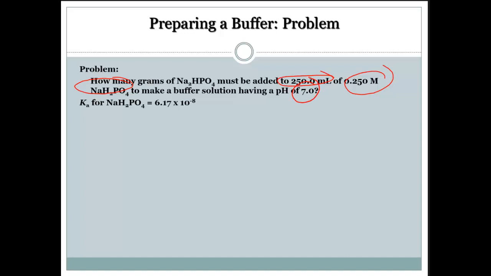We have the Ka right here. So the pH, once again, is equal to the pKa plus the log of the base over the acid. We know we're trying to get a pH of 7.